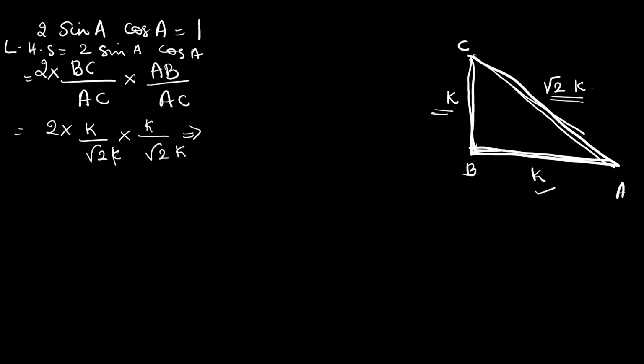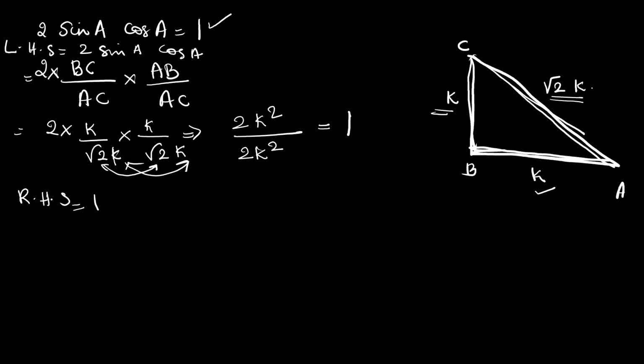Now this is 2K square in the numerator, and in the denominator root 2 into root 2, that is 2. That is 2K square by 2K square, which is equal to 1. Now what is RHS? RHS is 1. Now we got LHS equal to 1 and RHS equal to 1. Therefore LHS equal to RHS. Hence proved.